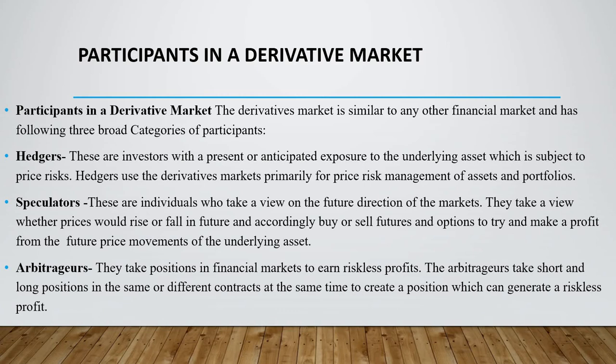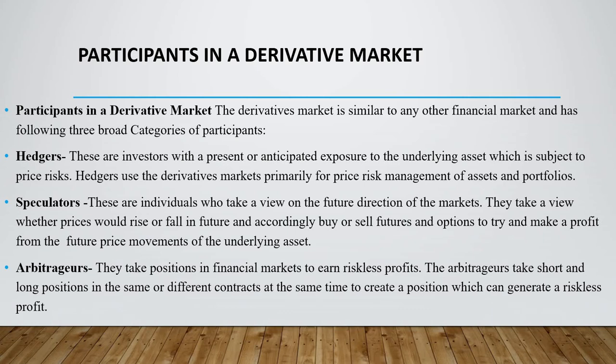Like that, here also some participants are involved. First one is hedgers. They are investors with a present or anticipated exposure to the underlying asset which is subject to price risk. Hedgers use the derivatives market primarily for price risk management of assets and portfolios.